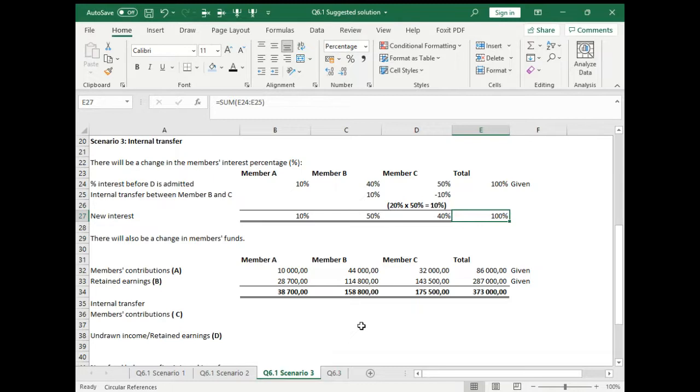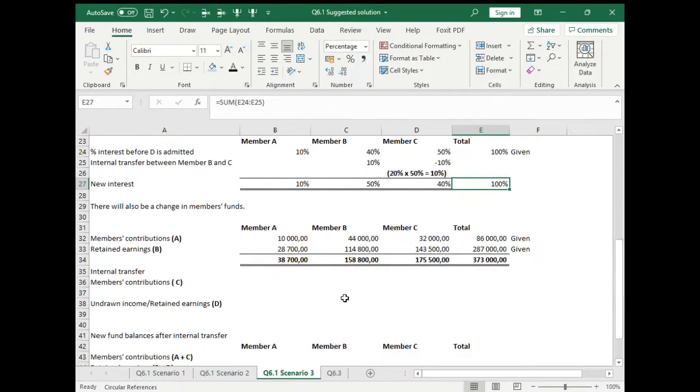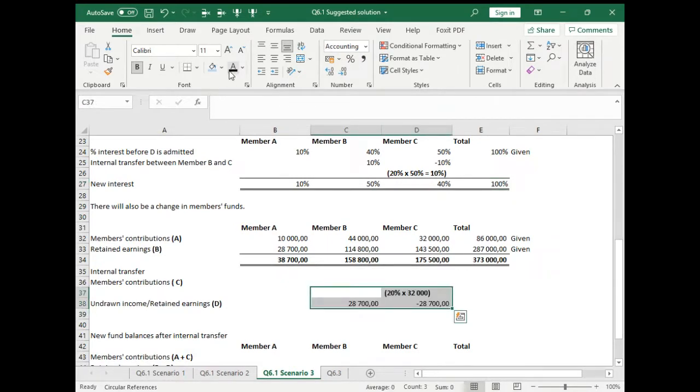All we are going to transfer between these two members is the retained earnings portion. What is important here is member B bought 20% of member C's retained earnings. So we will actually apply 20% when we remove the retained earnings, as opposed to the 10%, which is the interest change, because we are disposing of 20% of what we owned at that stage.